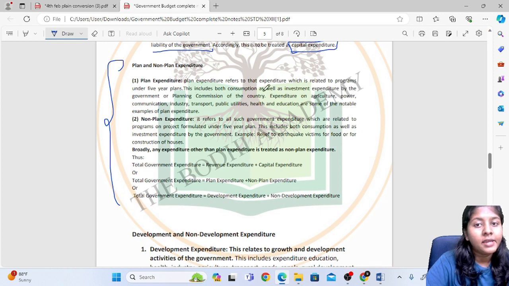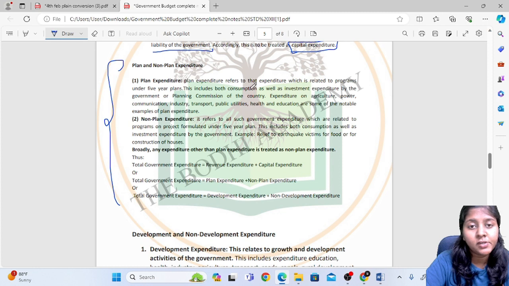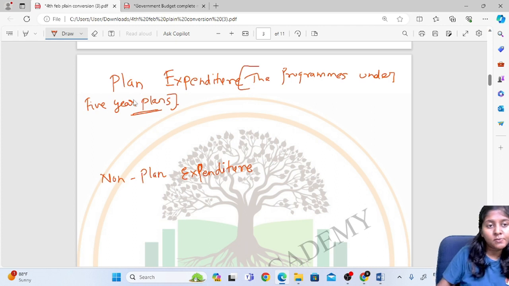Which are the plan expenditure of the government? This includes consumption as well as investment expenditure by the government or the planning commission of the country. Expenditure on agriculture, power, communication, industry, transport, public utilities. These are some of the examples of plan expenditure.